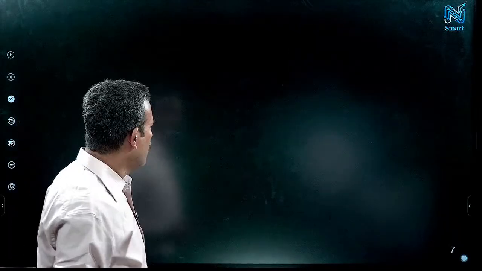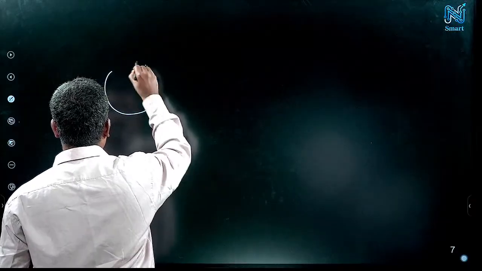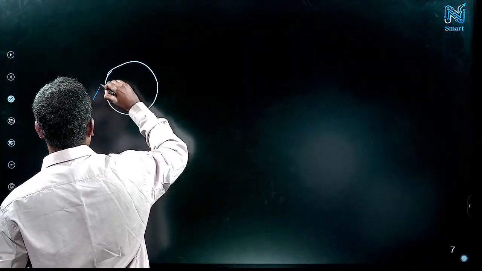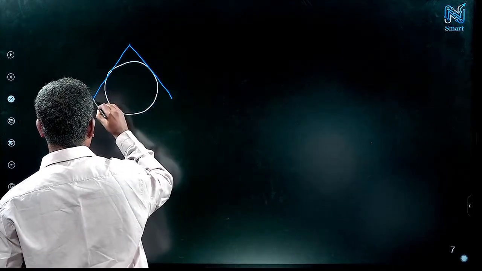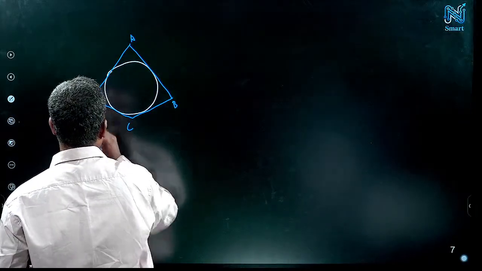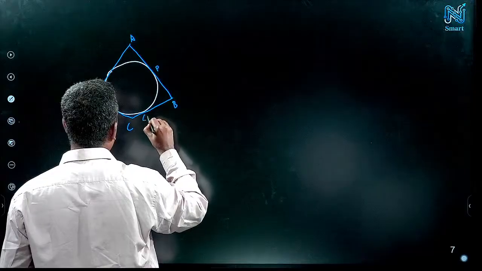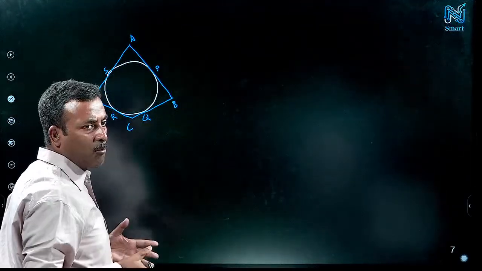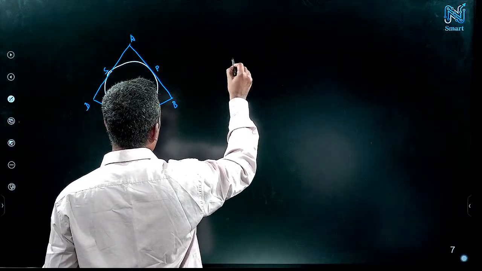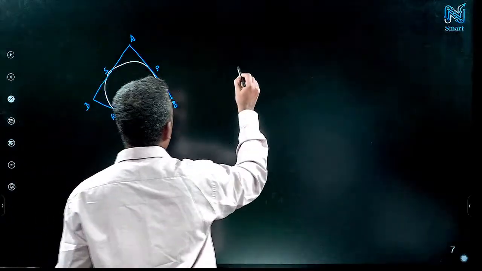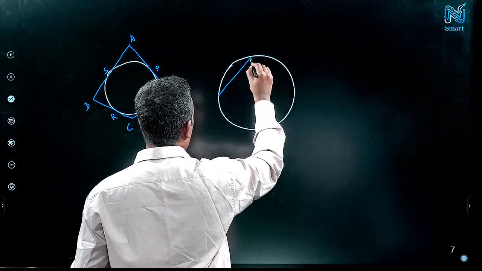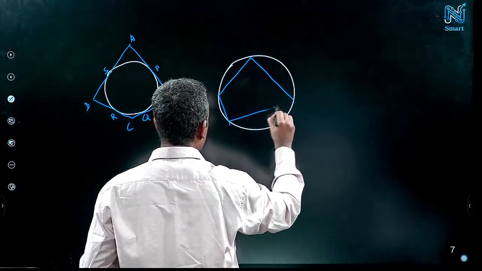It's clear? So what actually you get? If we have something like that, PQR are the points of contact, 4 tangents, 4 sides, and the other figure is inside, right?